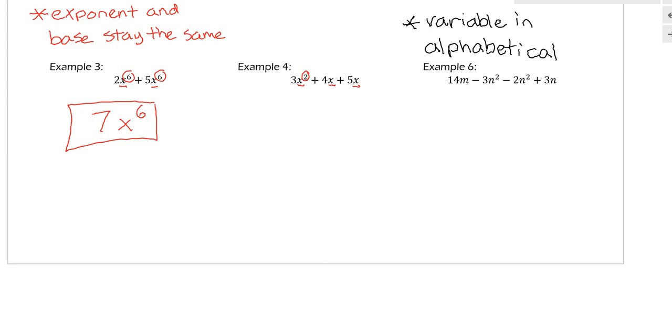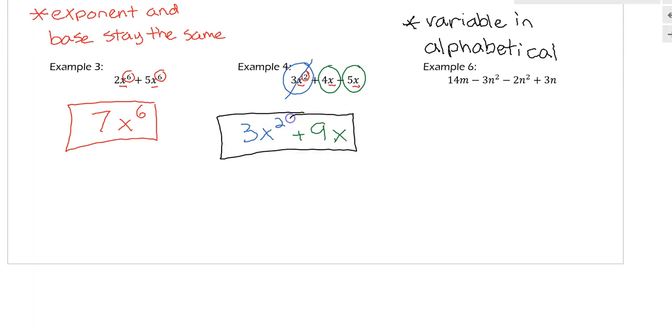So, 3x squared is a term by itself. Okay? I've used that. Now, 4x and 5x are like terms because they both have the same variable and don't have exponents. So 4 plus 5 is 9, and that variable stays the same. So I'm left with 3x squared plus 9x.